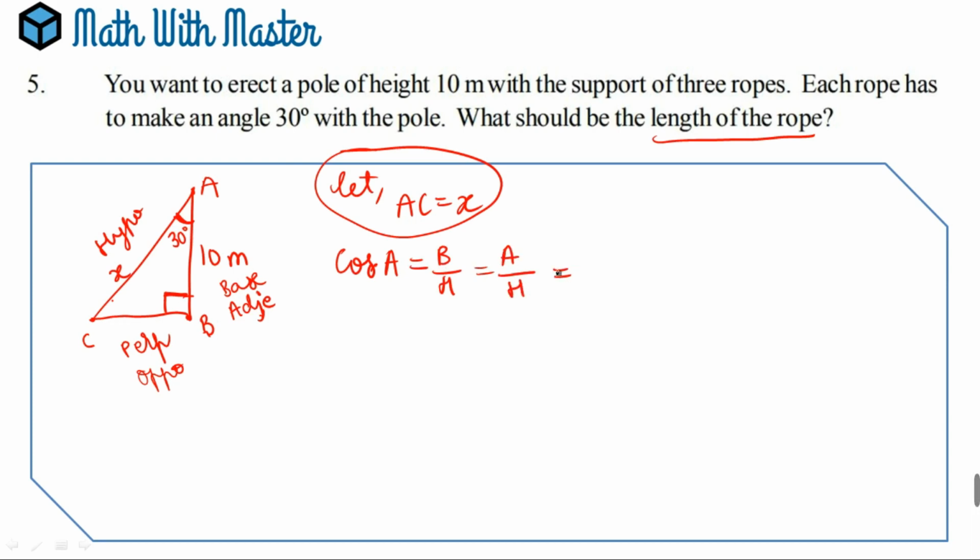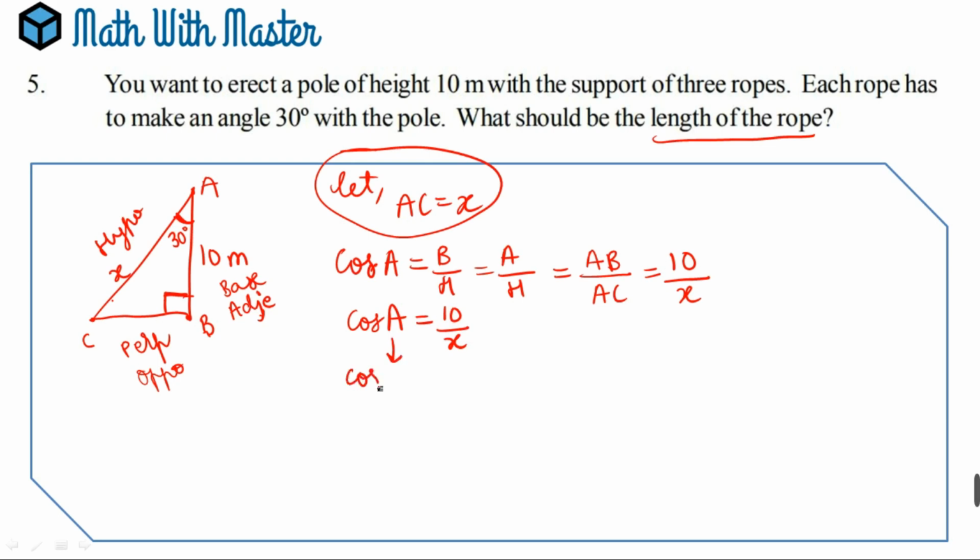Both are the same terms. Adjacent is AB, hypotenuse is AC. What is the value of AB? It is 10 meters upon what we have let AC, X. So cos A is equal to 10 upon X.